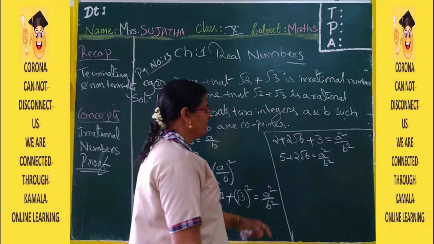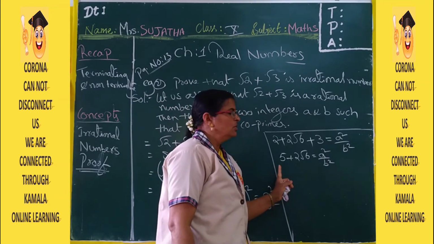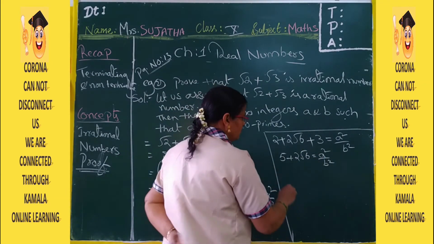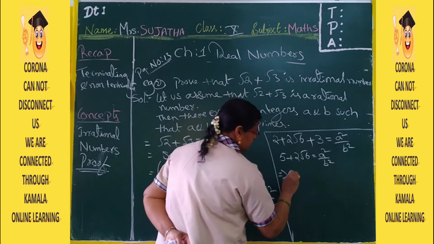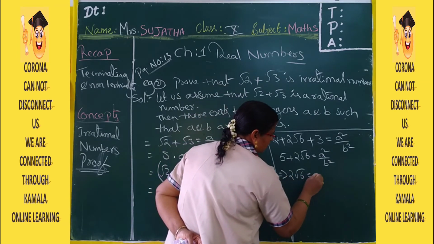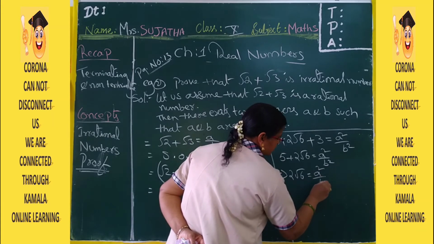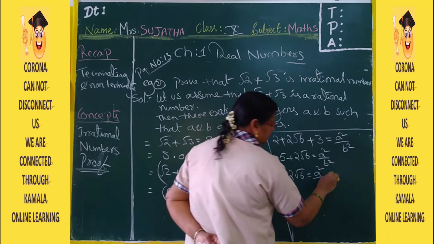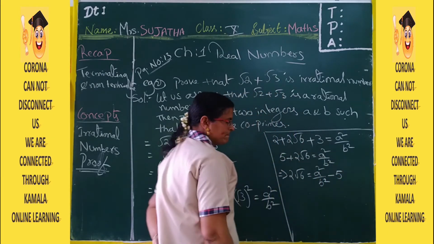Now shift the plus 5 to the other side; it becomes minus 5. So 2 root 6 is equal to a square by b square minus 5.